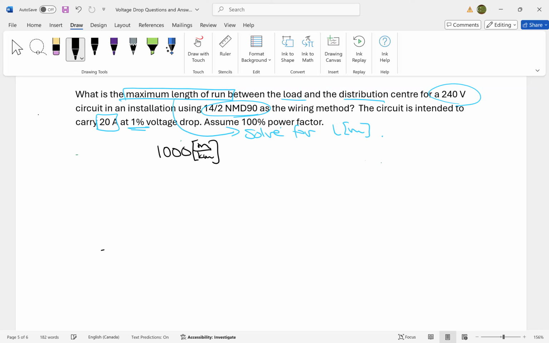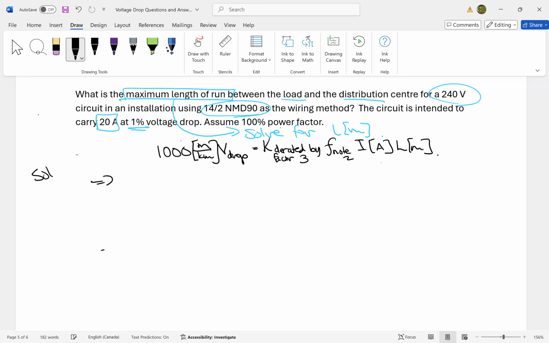I'm going to need that as a conversion factor times voltage drop, which is my voltage times the percent drop, is equal to K derated by factor 3 times F of note 2 times I in amps times that length in meters that I want to solve for.